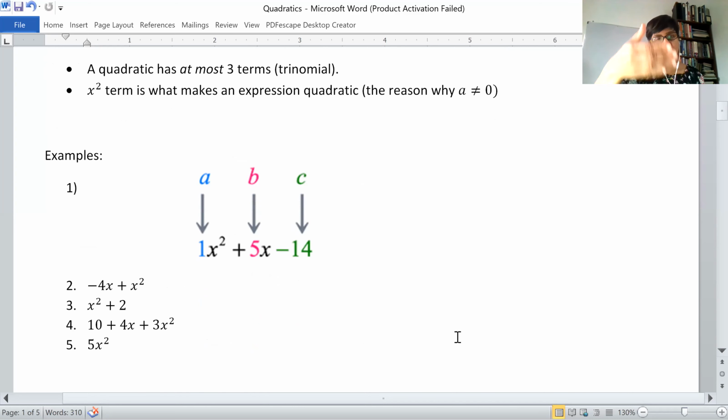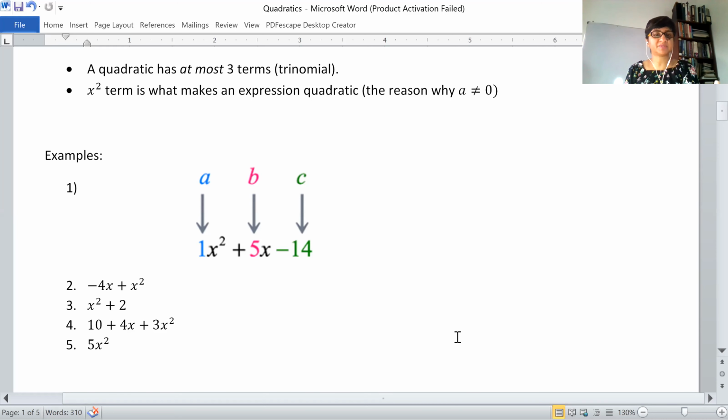And then some more examples I have written, and these examples are given to show that all these are quadratics, but they might look a bit different. I have jumbled up the terms. You will not always have the x square term in front. You can always move the terms around and rearrange it to give that form ax squared plus bx plus c. But it can be all jumbled up.